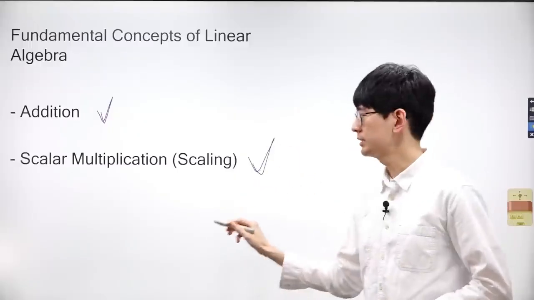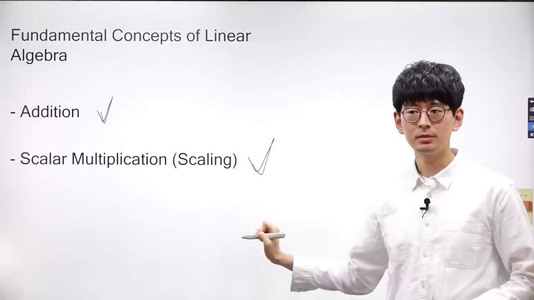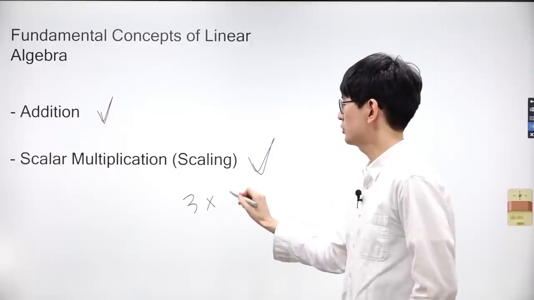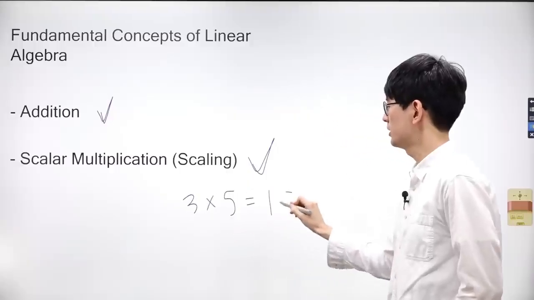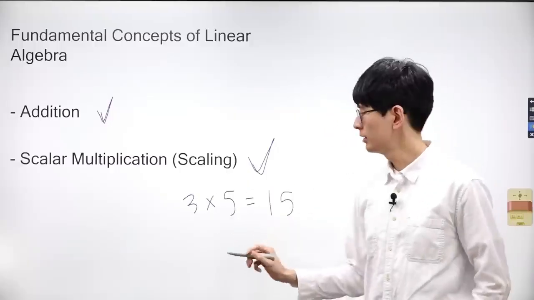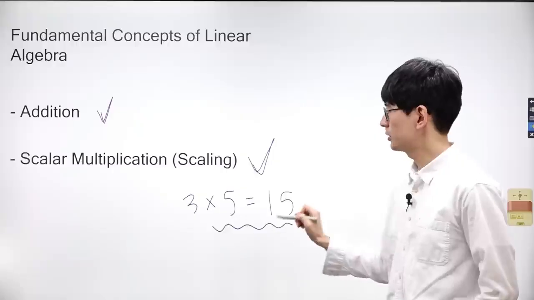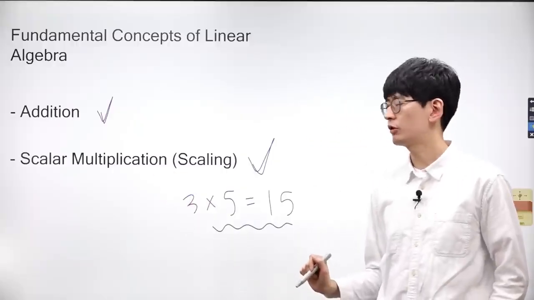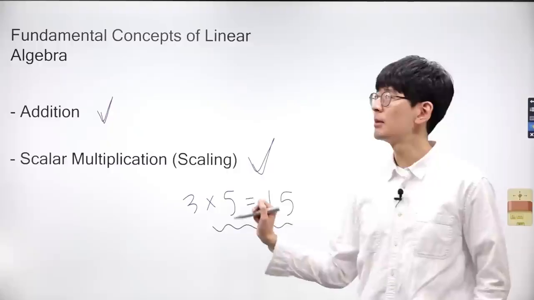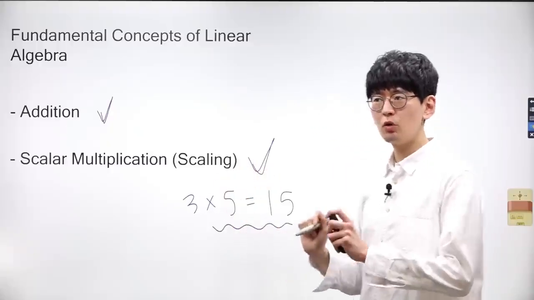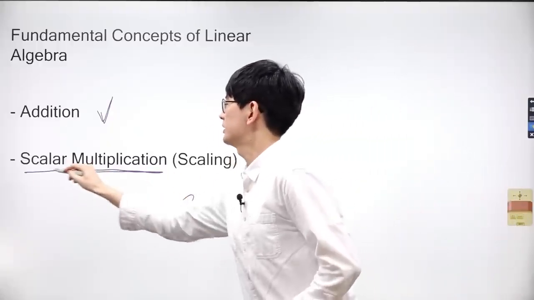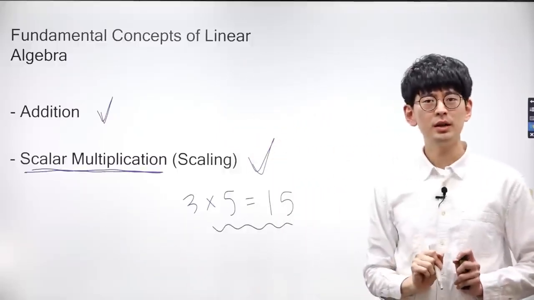Scaling, or scalar multiplication, is similar to multiplication, but it also includes different elements. Scaling is similar to simple multiplication using natural numbers we learned in elementary school, and that's why we call it scalar multiplication. You might feel unfamiliar with the terms, but it's crucial to understand that multiplication here differs from the general concept of multiplication.